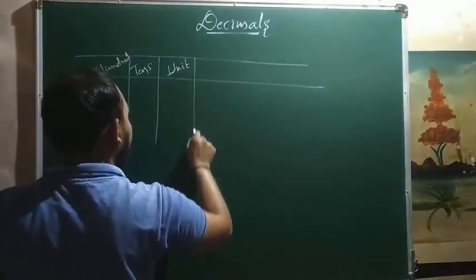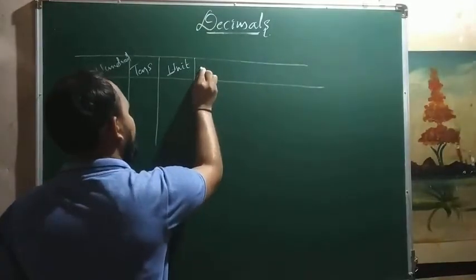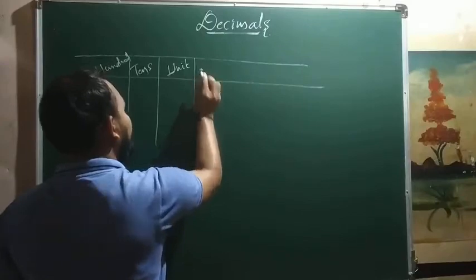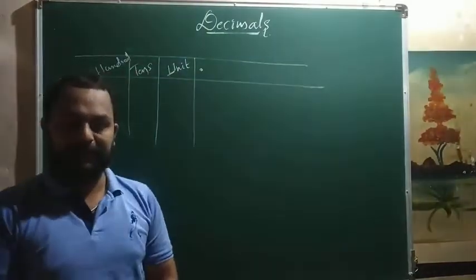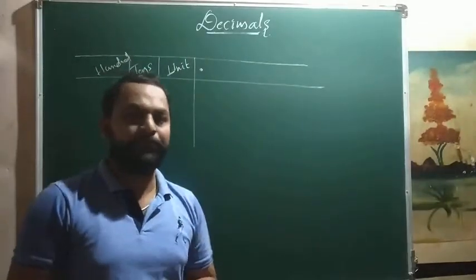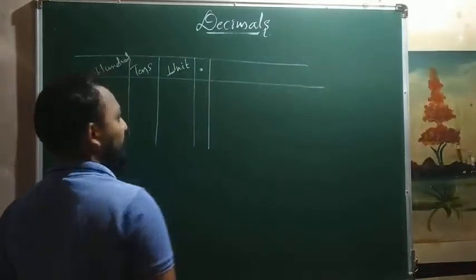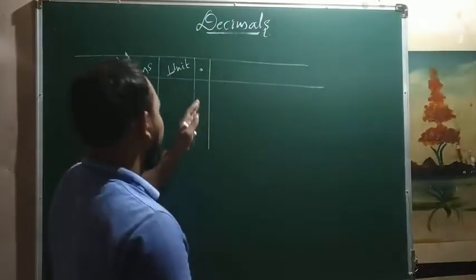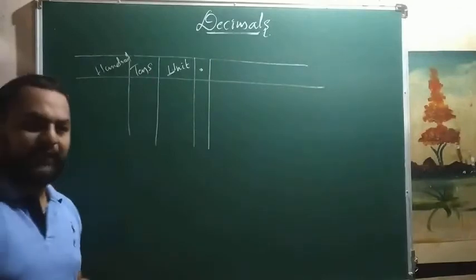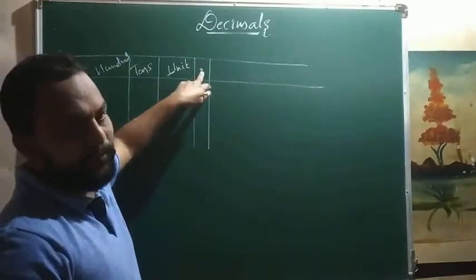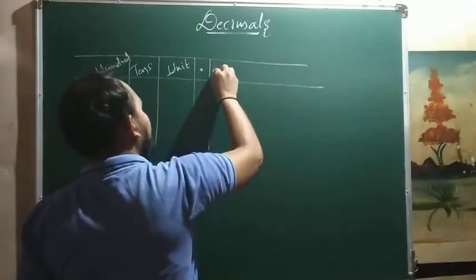Then after the unit place, here is the decimal point. Always remember, the decimal point comes after the unit place. Okay, after the decimal point are the decimal numbers, and before the decimal point is the integral part or whole number part. Then after the decimal point, those places are here.